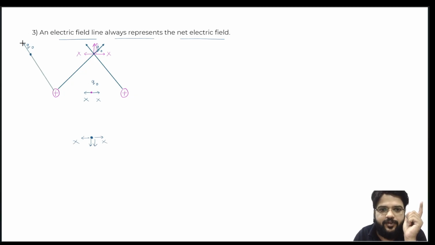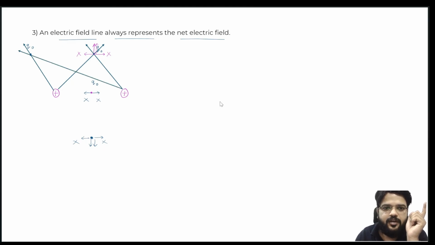Here what is happening, we have repulsive force between this test charge and this positive charge, and due to this positive charge and this test charge we have again repulsive force. All right, now what we will do here, everyone, we will resolve this. So one component we have in this direction and one component we have here.